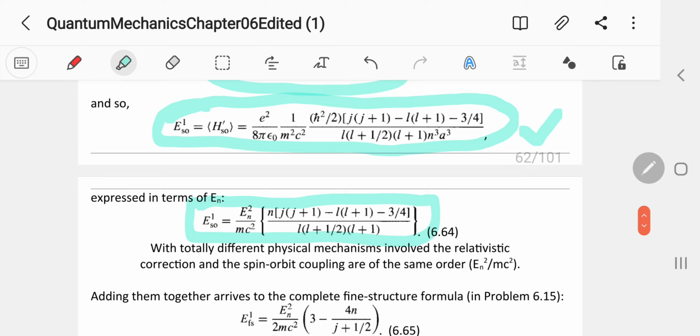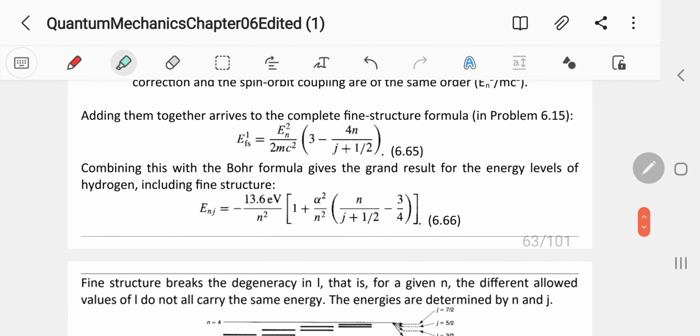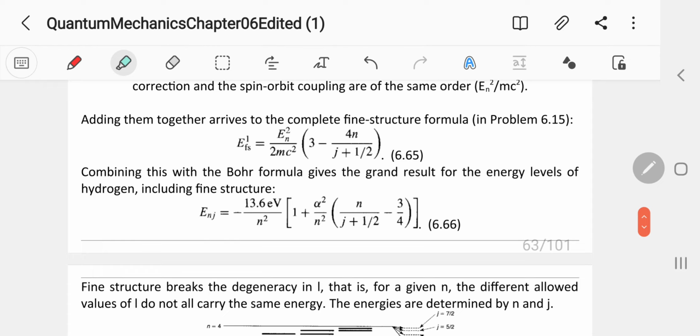So as you can see, the spin-orbit coupling and the relativistic correction have the same order, around En square over mc square. So if we add them together, it gives the complete fine structure formula. This is now this one here.